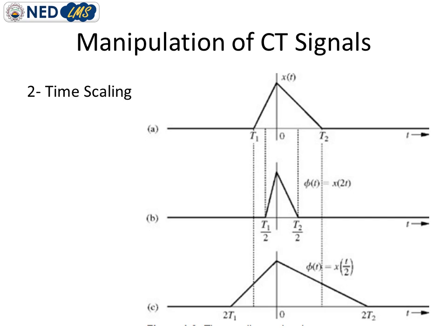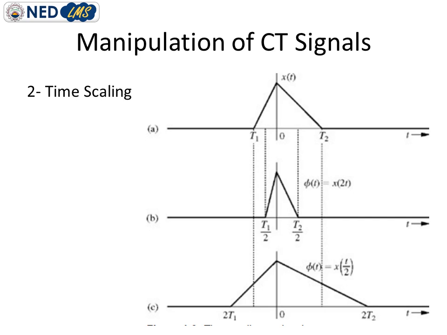We are taking 2 as an example, and the resultant plot will be as shown in figure C. So figure C shows x of t by 2, which is the original signal x of t expanded in time by a factor of 2.